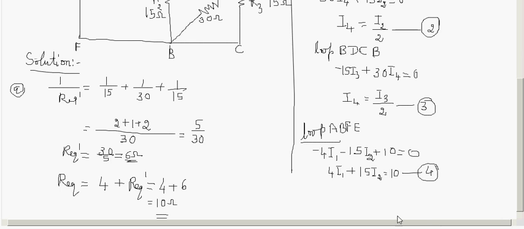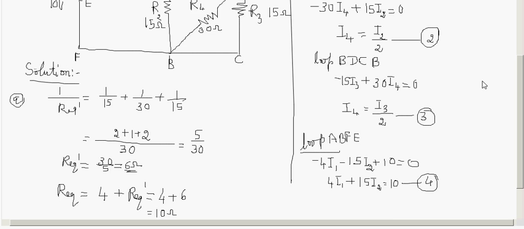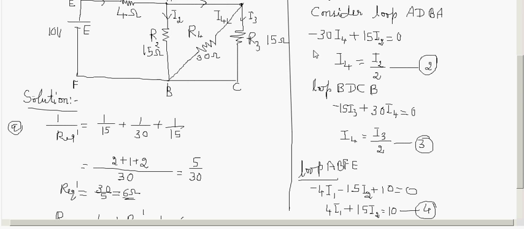Also in mesh or loop ABCD, we'll have minus 15 I2 plus 15 I3 equal to 0.